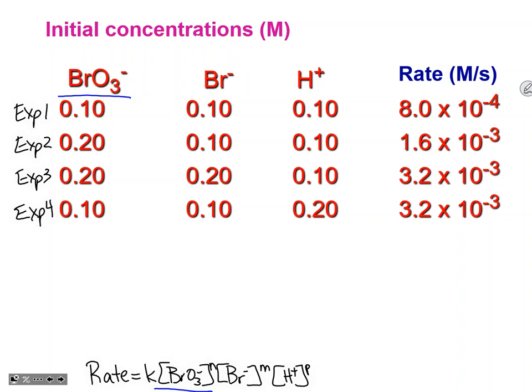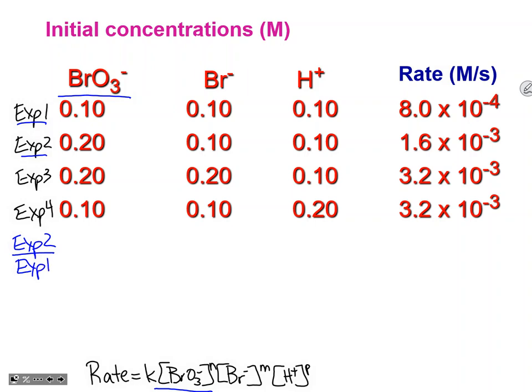One and 2, very good. So that's what I select here. I'm going to do 1 and 2 for my bromate. Okay. Now, basically, I always put the one with the higher concentration on top. I mean, you can do it the other way, but it's a little bit different in terms of the math. So I'm going to put experiment 2 on the top and experiment 1 on the bottom.